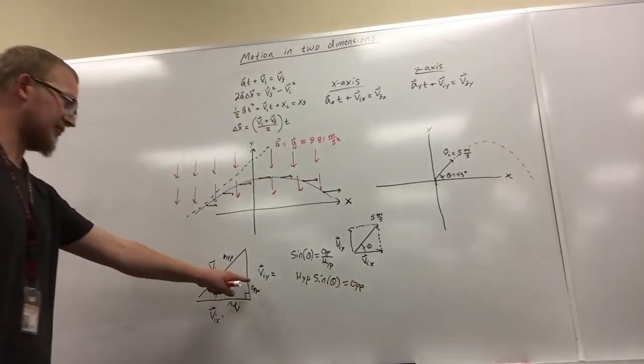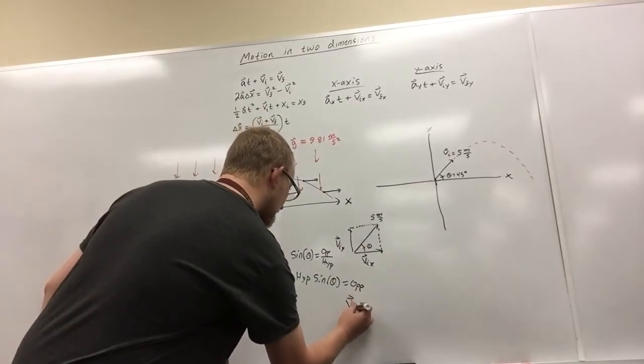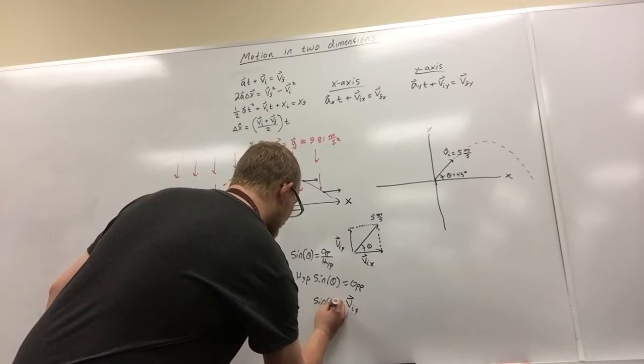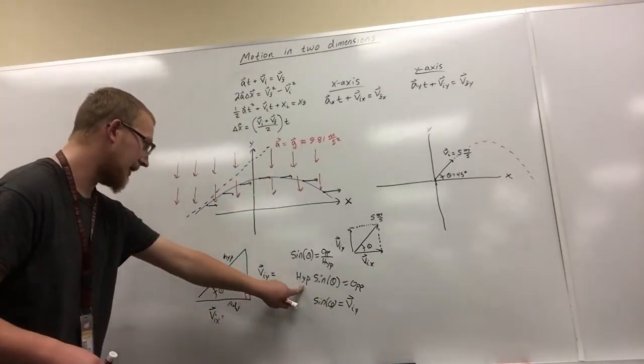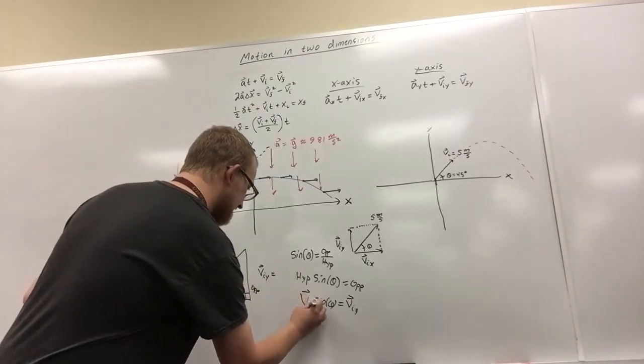In this diagram of velocities, the opposite is equivalent to VIY, and the hypotenuse is equivalent to VI, the total initial velocity.